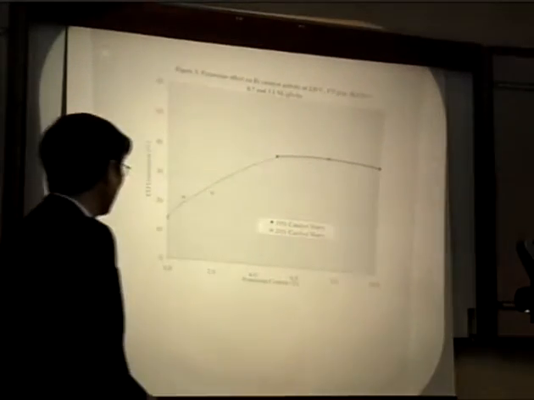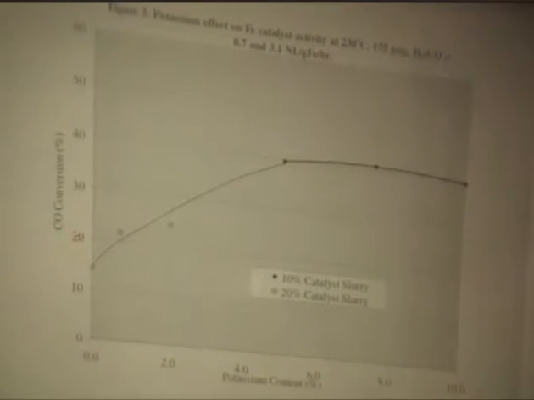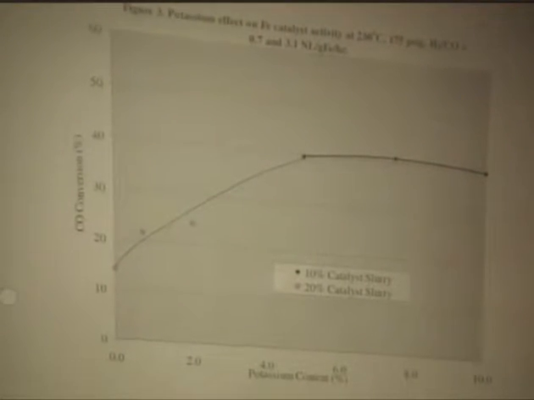This slide shows you the influence of potassium contents on the CO conversion here. As you can see, when potassium contents increase from 0.7, that's 2%, to 5, 7.5, and 10, the CO conversion just increased from almost 14 to 40 and stabilized there.